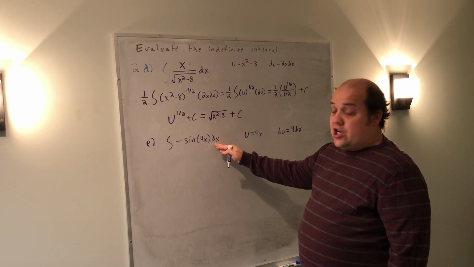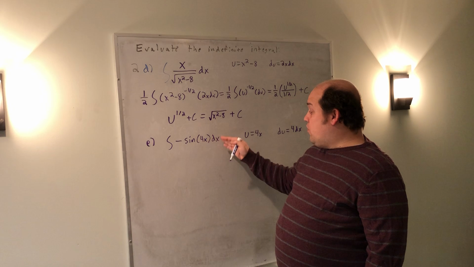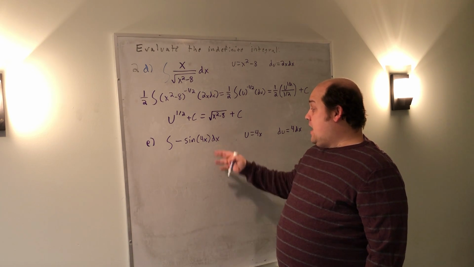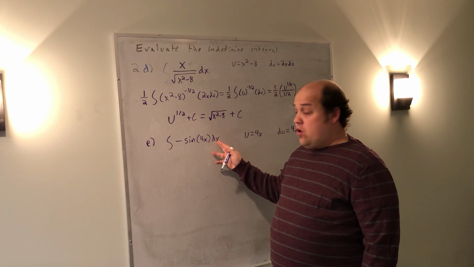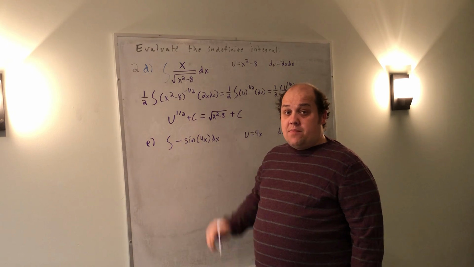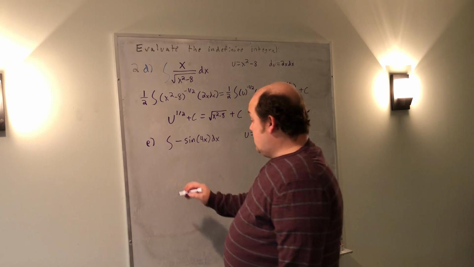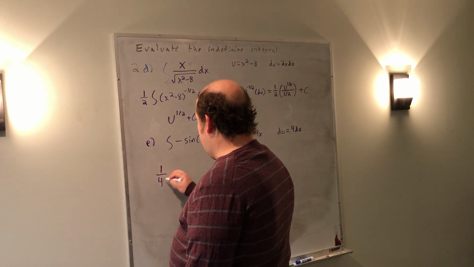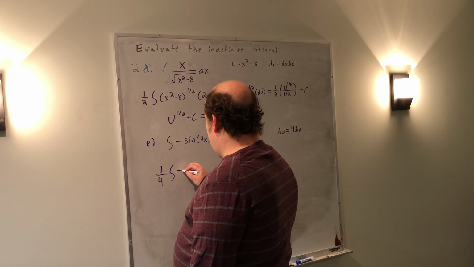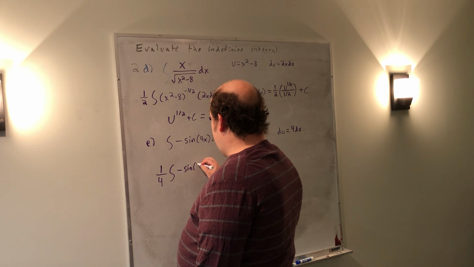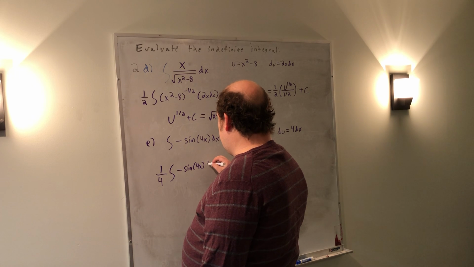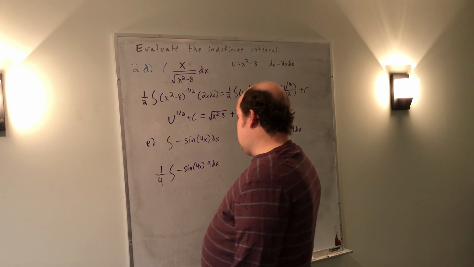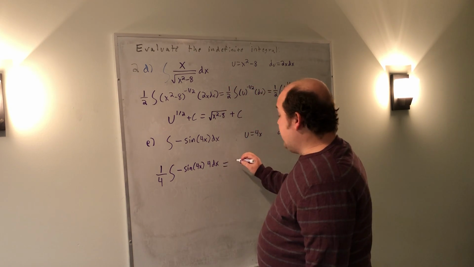I currently just have dx. If I want to turn it into 4 dx, I'm going to multiply the inside by 4, which means the outside has to be multiplied by 1/4. So it becomes 1/4 the integral of negative sine 4x times 4 dx. I now can make my u replacement.